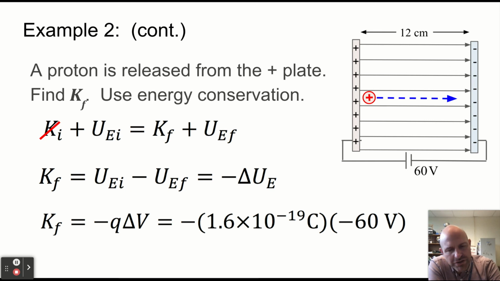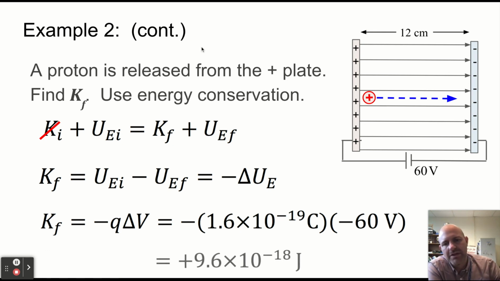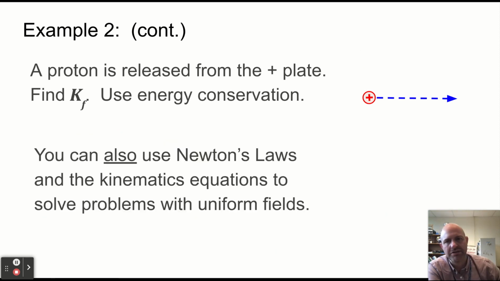We've got the charge of a proton is 1.6 times 10 to the negative 19 coulombs, positive, and a negative 60 volt change, right? Notice that we're going from positive to negative with the electric field. So that's a negative change in potential. And you end up with positive 9.6 times 10 to the negative 18 joules of kinetic energy at the end, or that's the amount by which the potential energy changed.